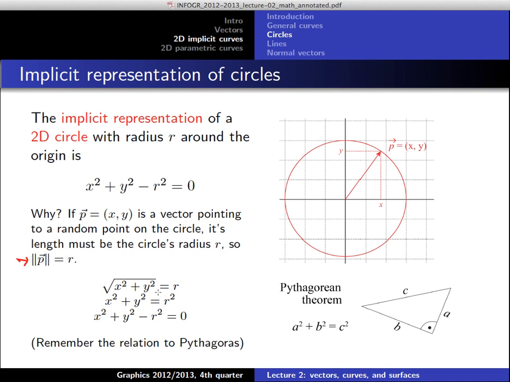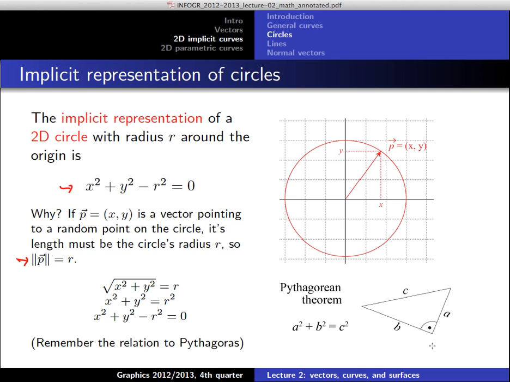Now, if you write down the definition of the length of the vector, raise it to the power of 2 and bring everything to one side, you get exactly this condition here. So this really shows that if this condition is fulfilled, then the point must be on the surface of this circle.